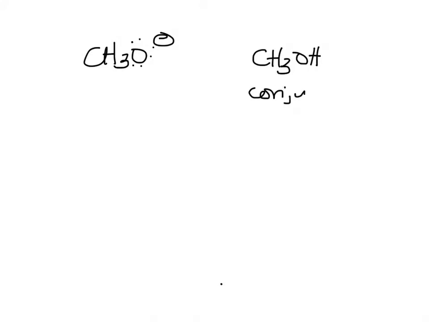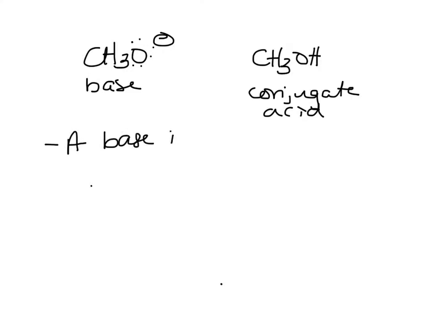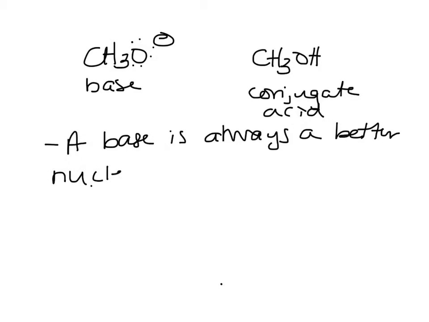If you look at the relationship between methoxide and methanol, you'll see that methanol is the conjugate acid and methoxide is the base. So as a rule of thumb, a base is always a better nucleophile than its conjugate acid.